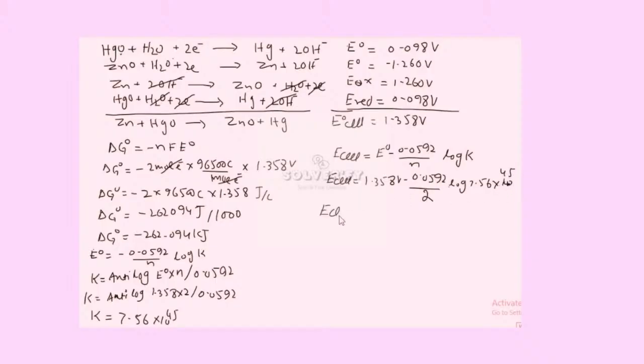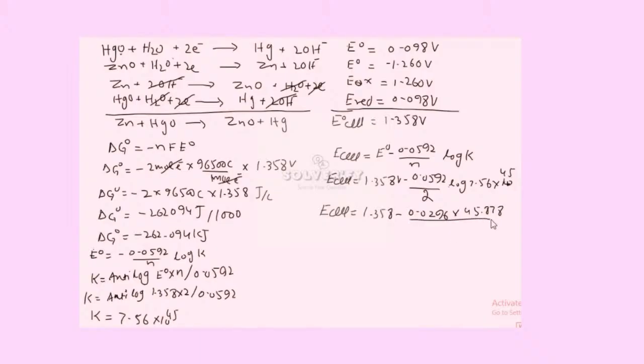So E cell is equal to 1.358 minus 0.0296. When we divide 0.0592 by 2, we get 0.0296, and log of 7.56 into 10 raised to power 45 is equal to 45.878.